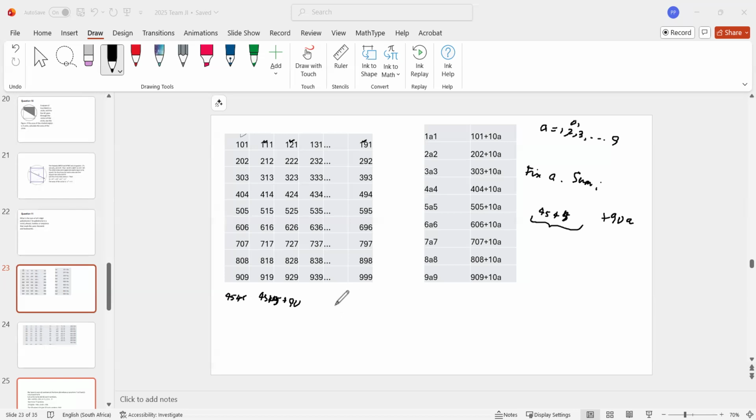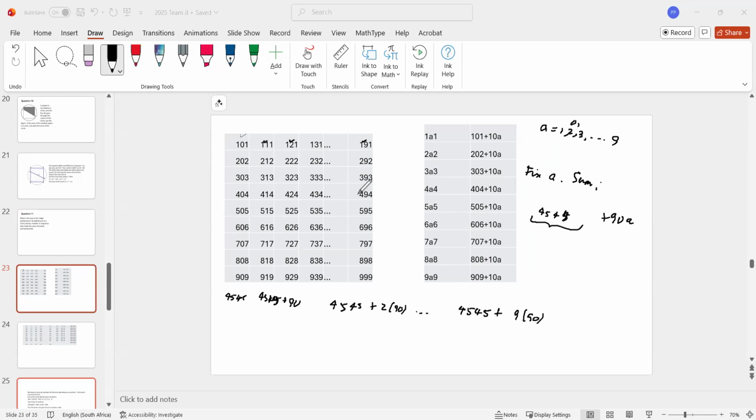Right? Then I got 4545 plus the third one, A equals 2, is 2 times 90. Right. And like that, you go all the way up to 4545, and the last one is 9 times 90.